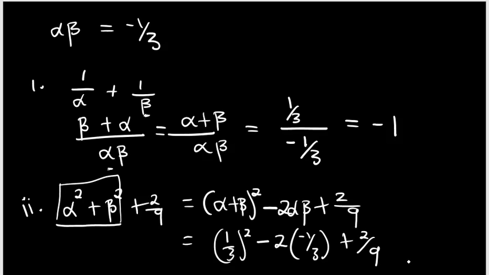So once again, when you simplify this, this is going to give us 1 over 9 plus 2 over 3 plus 2 over 9.